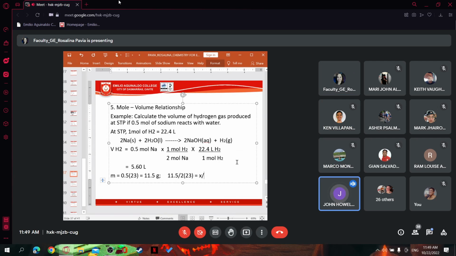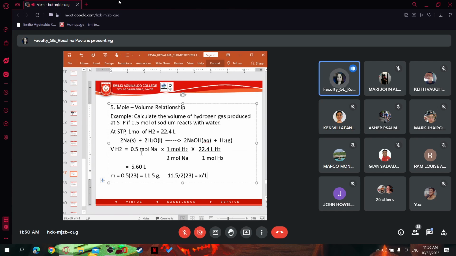Okay po, ma'am. So, paano po? So, yung malalaman po coefficient. Kapag coefficient. Ito po yung tulad po sa NA po. Kasi si NA, mass siya. Ginawa nating mass volume yung mole volume. Pag gagamit ka ng formula.